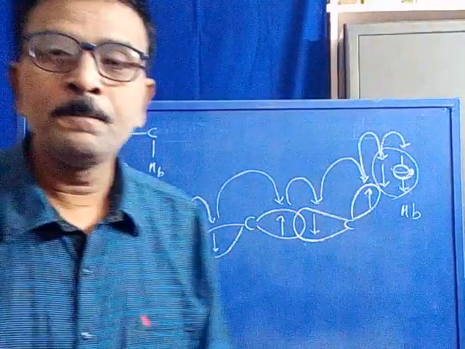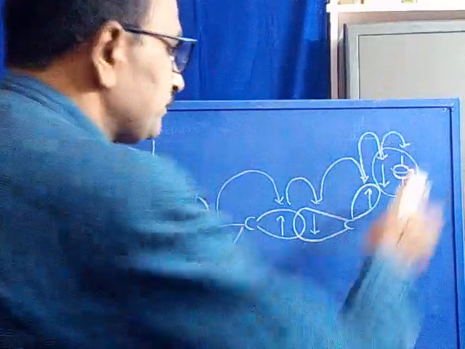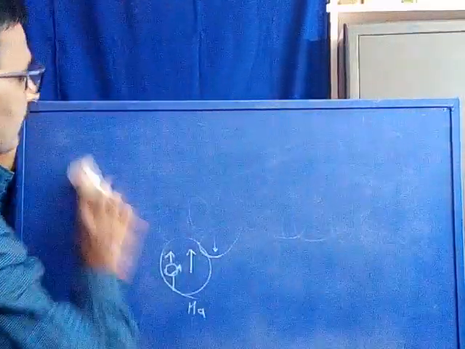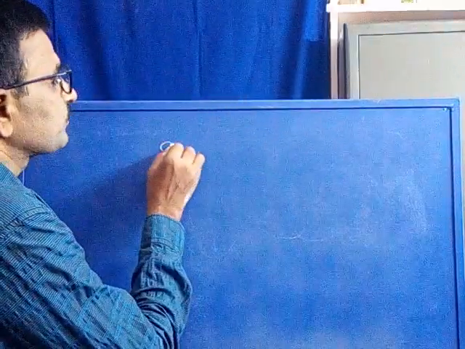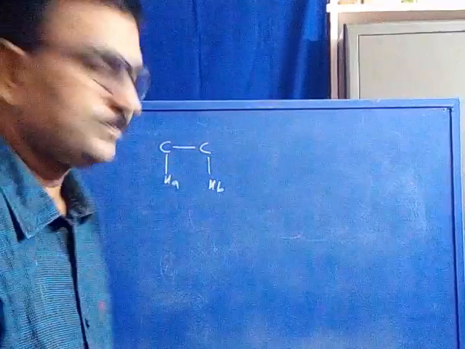Now further, the nuclear spins of protons are strongly coupled with each other when the number of bonds between the coupled protons is up to 3. Say HA hydrogen, HB hydrogen.